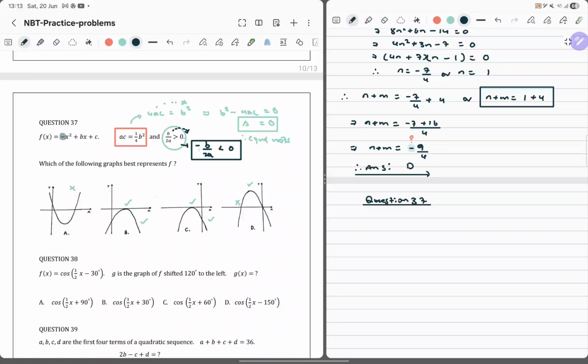We know that this expression gives us the axis of symmetry. So when the axis of symmetry is negative, it is this one. You see, this is a negative axis of symmetry. So that's good. And this one is positive axis of symmetry. So the answer is C. What an interesting question there. All right, so here the answer is C.